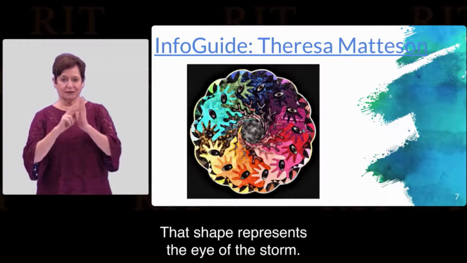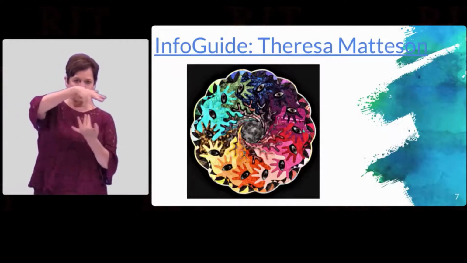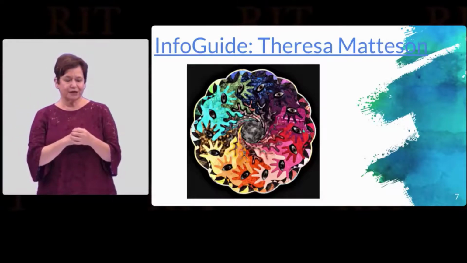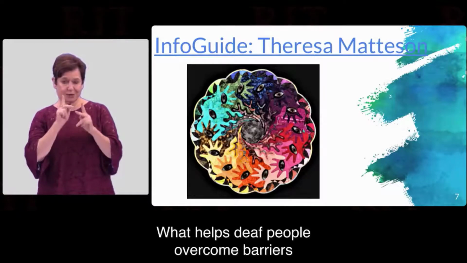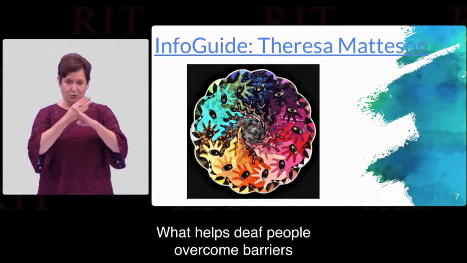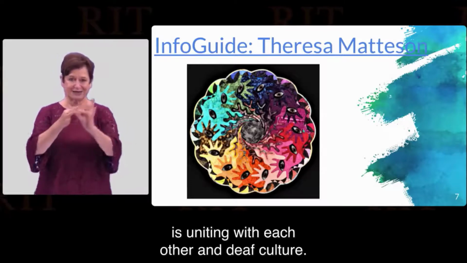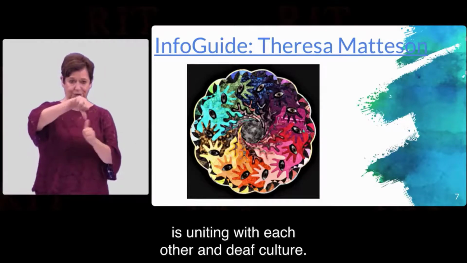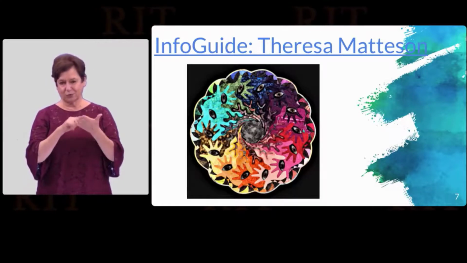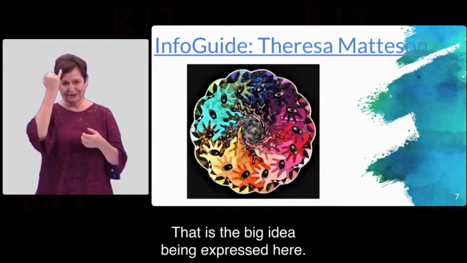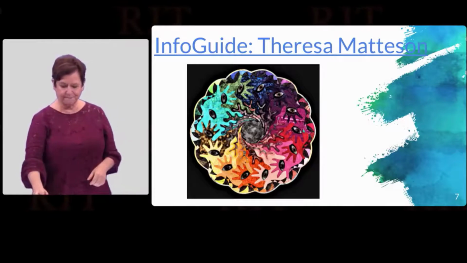That shape represents the eye of the storm. What helps deaf people overcome barriers is uniting with each other and deaf culture. That is the big idea being expressed here.